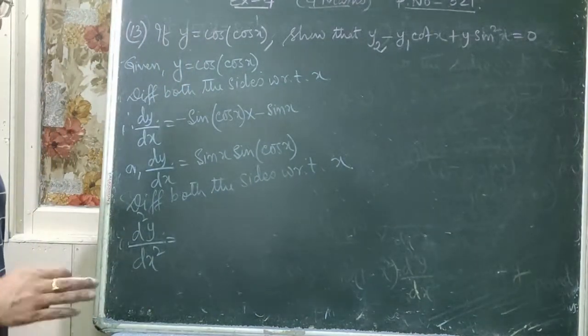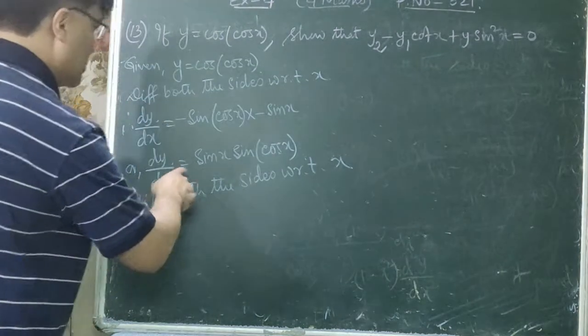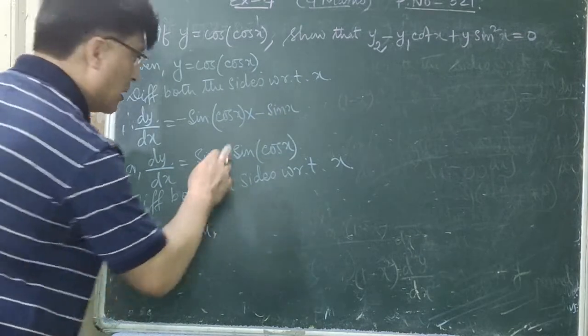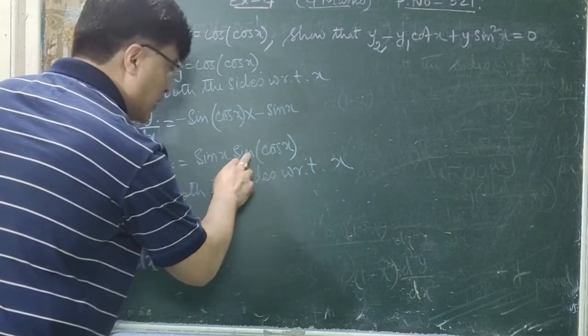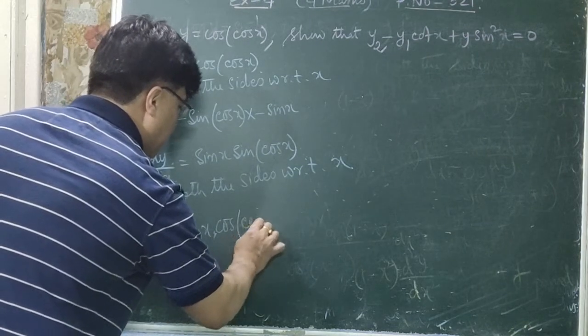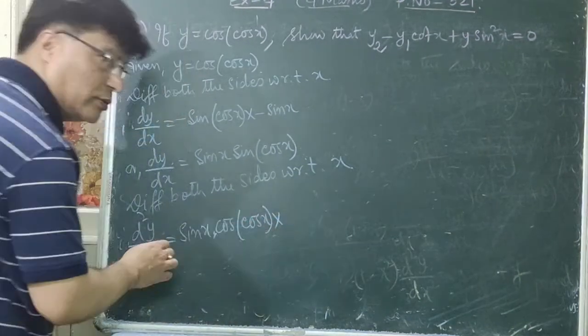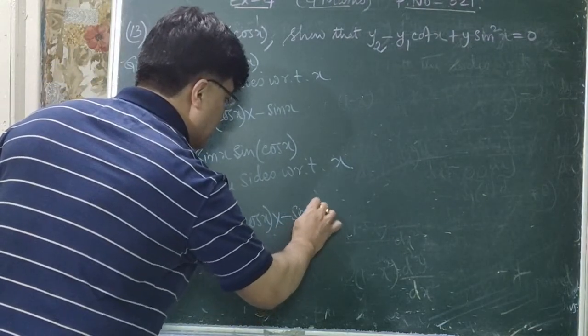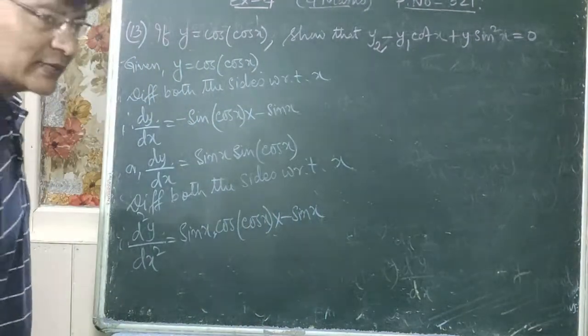So you know UV rule, product rule, isn't it? Now sin x is kept as it is into, now differentiate sine of cos x, its differentiation is cos of cos x into, again differentiate cos x with respect to x, that is your minus sin x. Is that clear?